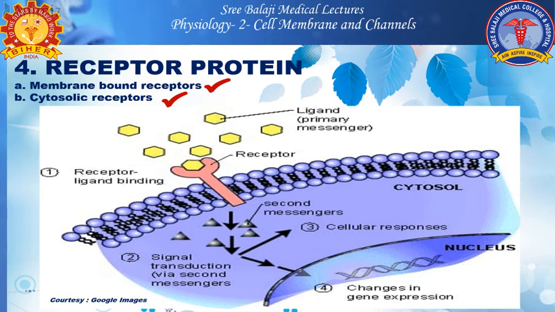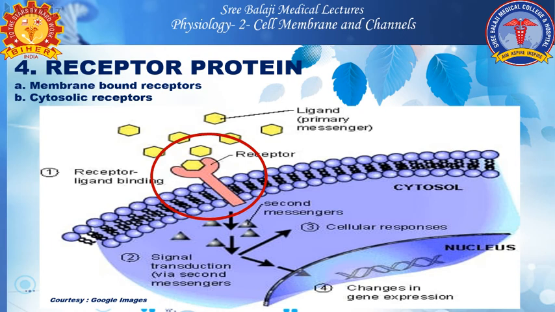What does this receptor protein do? In this picture you can see the receptor is colored. So the receptor is present in the cell membrane, so it is under the category of membrane bound receptor. Any substances or solutes or ligands, if they want to enter into the cell, what will happen? The substances will come and bind over the receptors. The receptor has the binding site for that particular substance.